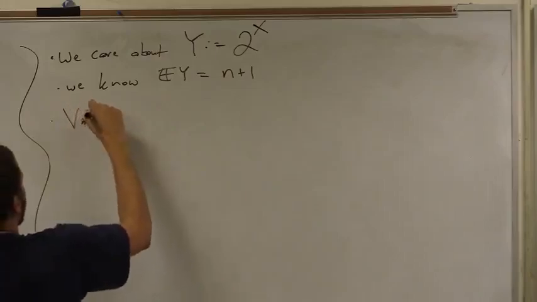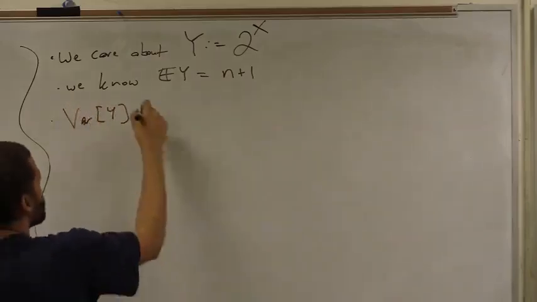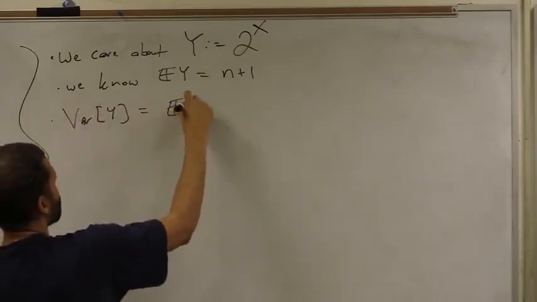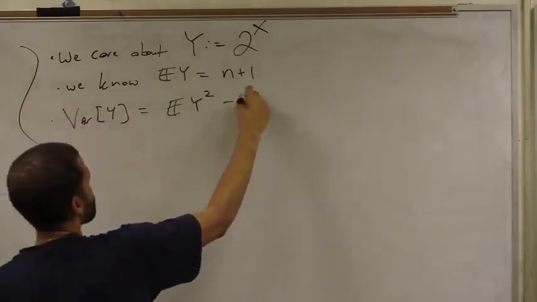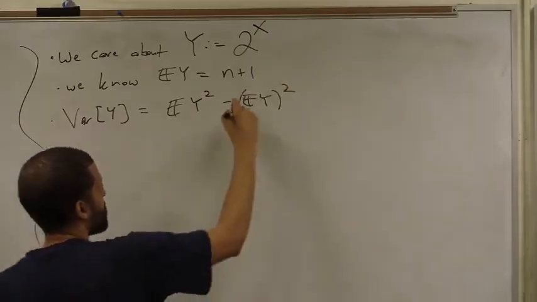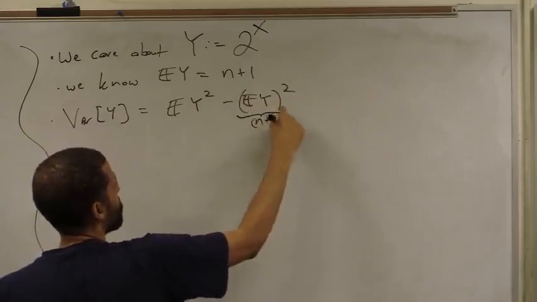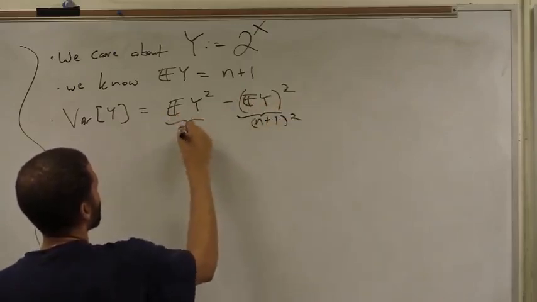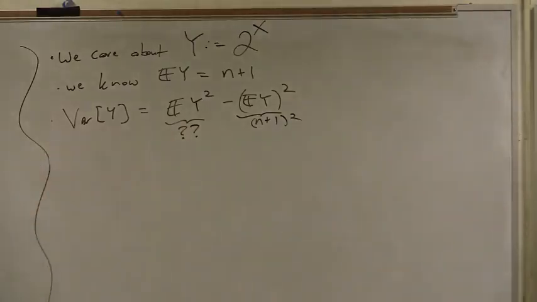The variance of y is equal to the expectation of y squared minus the square of the expectation of y. This we know is n plus 1 squared. This we don't know, so that's the thing that we need to bound now.